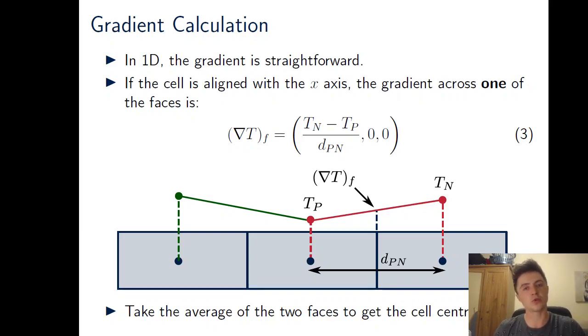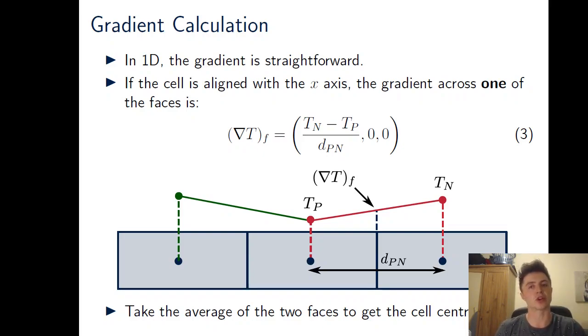So if we know what the temperature is at the middle cell centroid and the right cell centroid, and of course in a CFD code the variation across and between cells is always linear, and we know the distance between P and N there, that's dPn, then we can take the difference in temperature and divide that by the distance, and that's going to give us the x component of the gradient on the face.